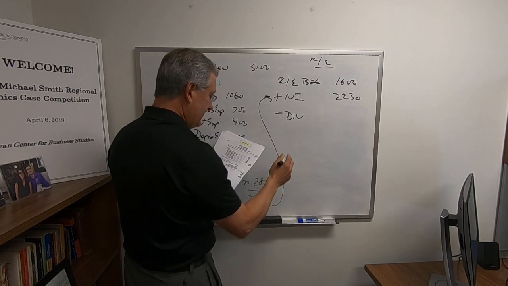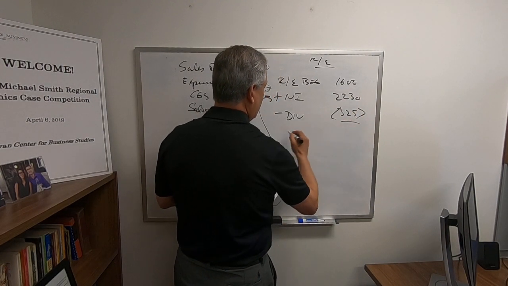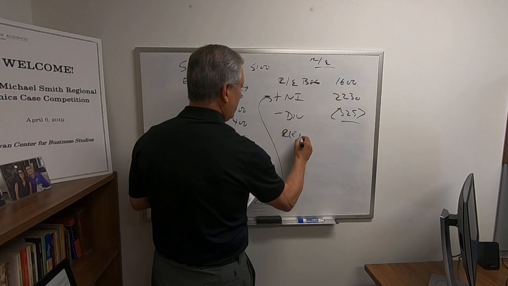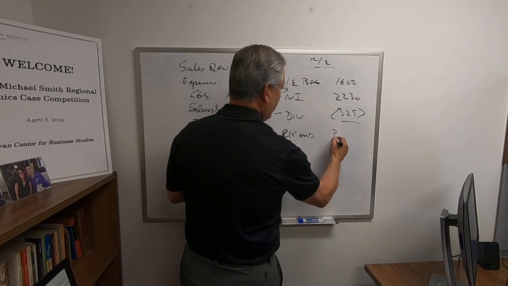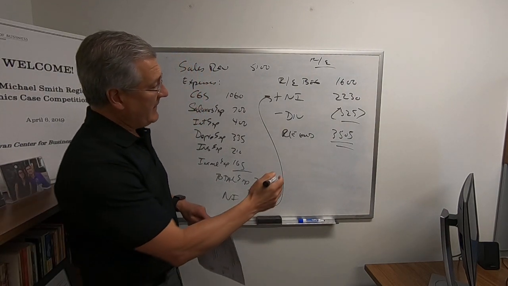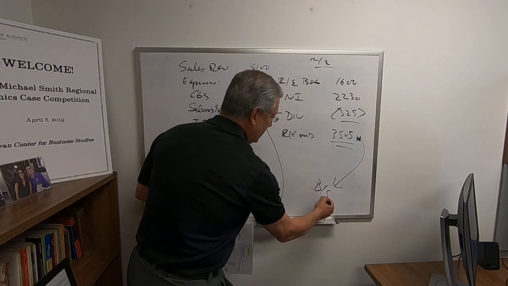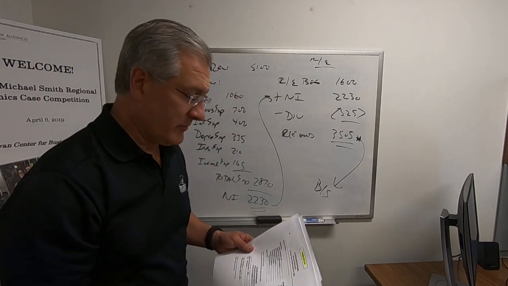You're going to subtract dividends of 325, and you have retained earnings ending of 3505. And you know that that number is eventually going to the balance sheet. We'll need to remember that.